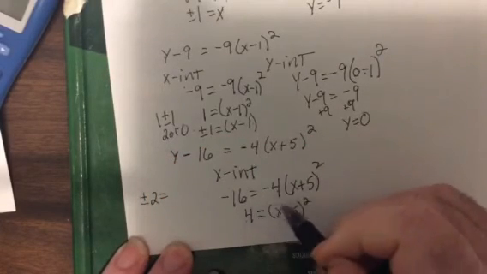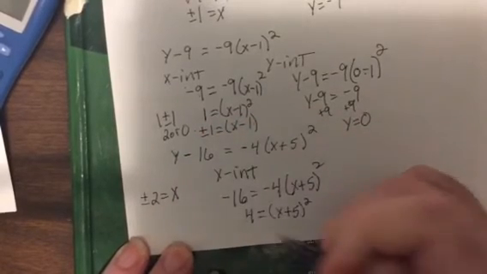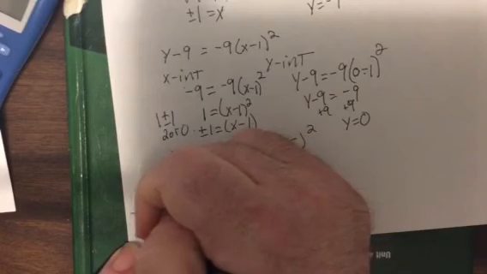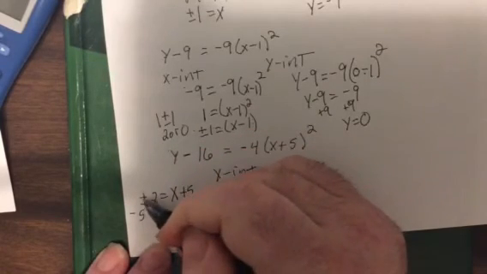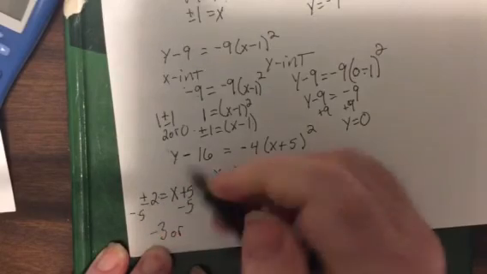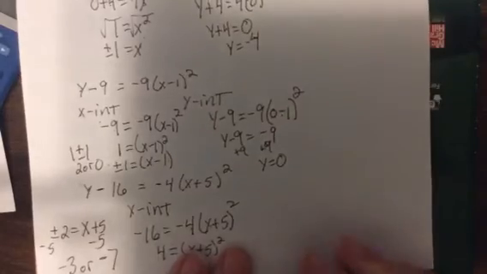Square root of 4 is 2, but it's plus or minus because you had a variable squared. Is x plus 5. Subtract 5. So negative 5 plus 2 is negative 3, or negative 5 minus 2 is negative 7. Wow, they are far apart.